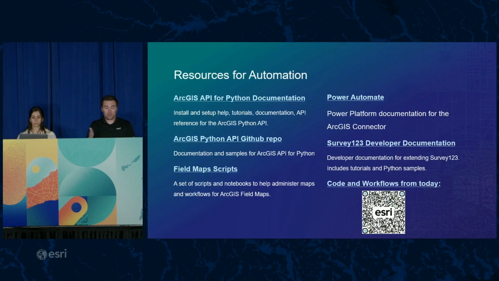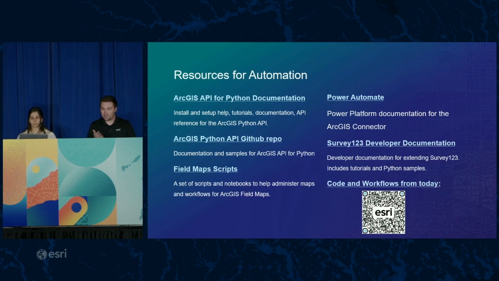The ArcGIS API for Python team also has a GitHub repo that has a number of those samples, as well as a place for you to report questions or any issues that you may be having. The Field Maps team also curates a GitHub repo for a number of scripts to help with your Field Maps tasks or activities. Power Automate documentation for the ArcGIS connector will be very helpful for getting started with creating Power Automate flows that use the ArcGIS connectors.